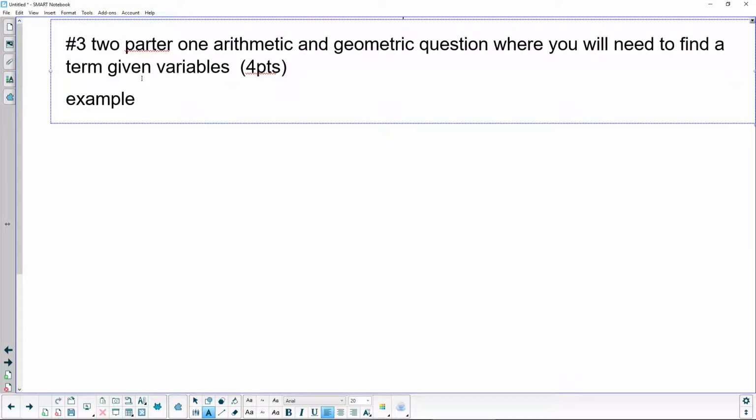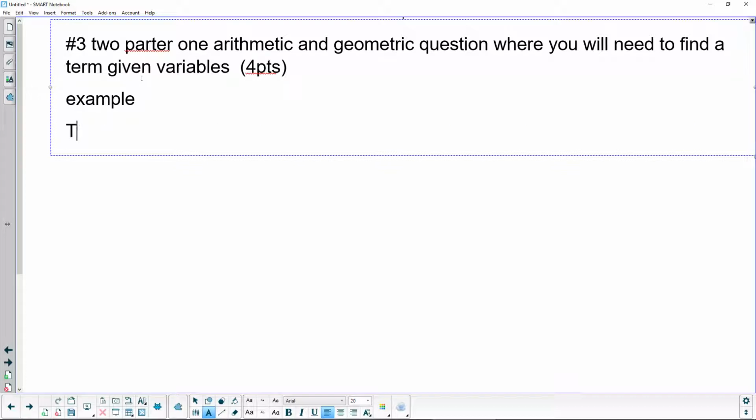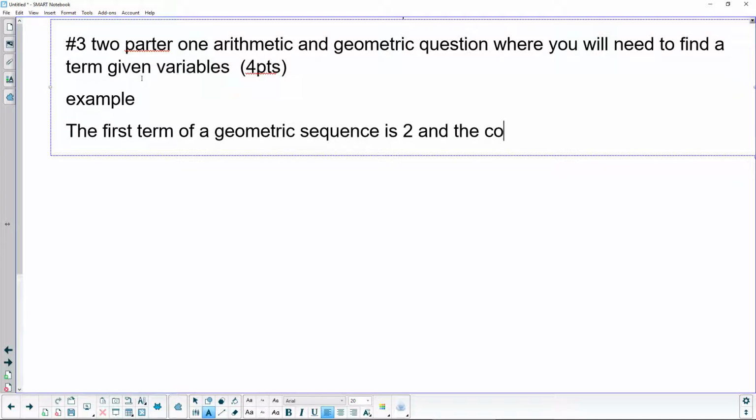Okay, so for example, I might say something like this. The first term of a geometric sequence is 2, and the common ratio is 3.